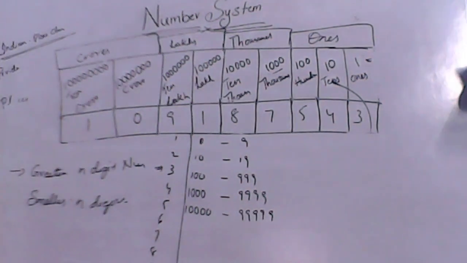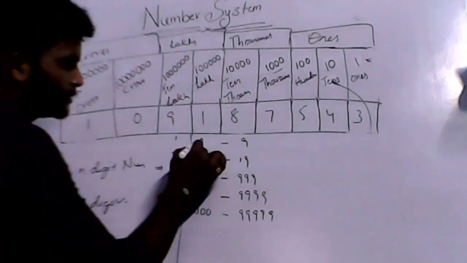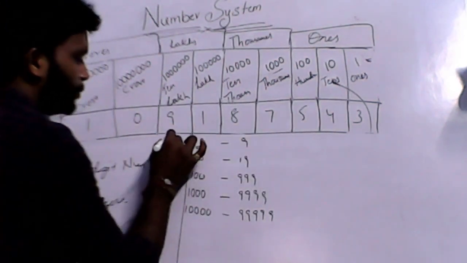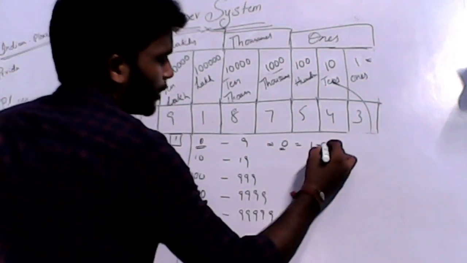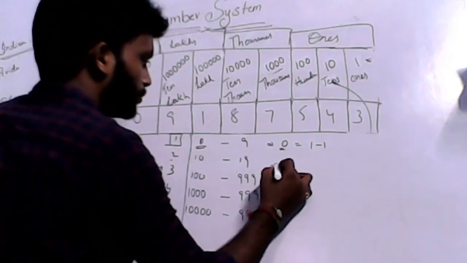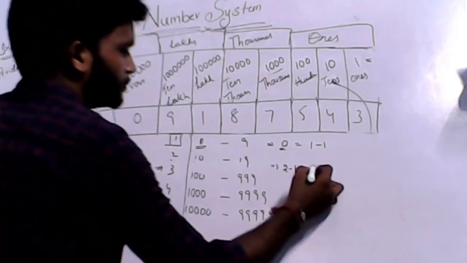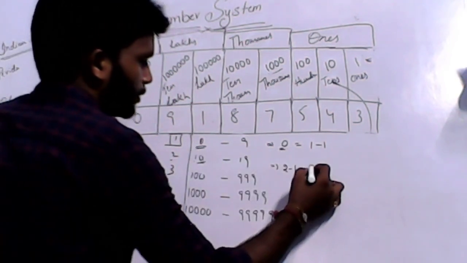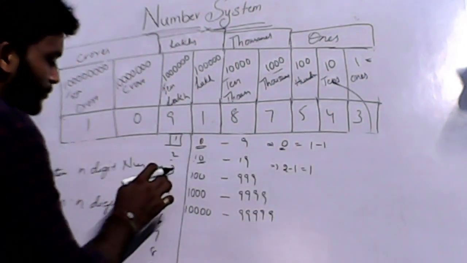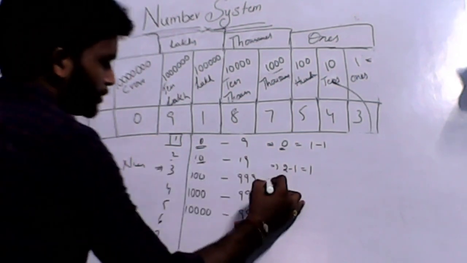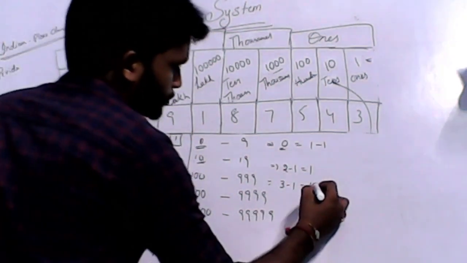And so on. So by observing this, we can say the smallest number is formed as, for example, for one digit we have 0, right? 0 is obtained as 1 minus 1. For two digit we can say 2 minus 1 equal to 1 zero, so 1 is placed at the left side of that 0. And then here we have two zeros, that is 3 minus 1 zeros, and at the leftmost side we will place 1.